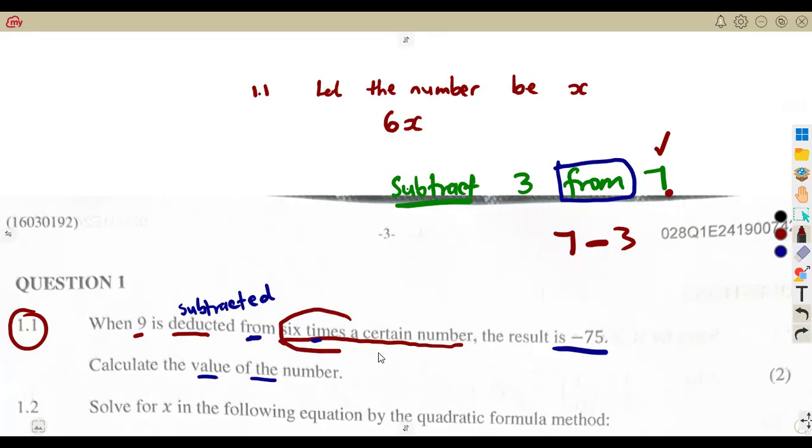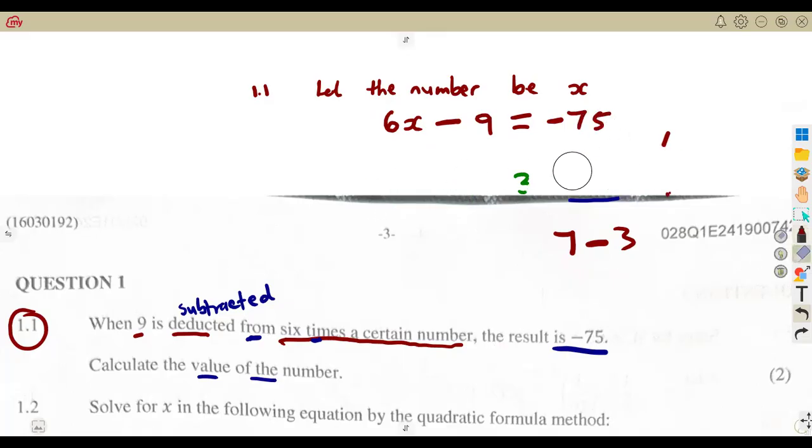So it means 6 times the number minus 9. When 9 is subtracted from 6 times a number, the result is minus 75, meaning it is equal to minus 75.